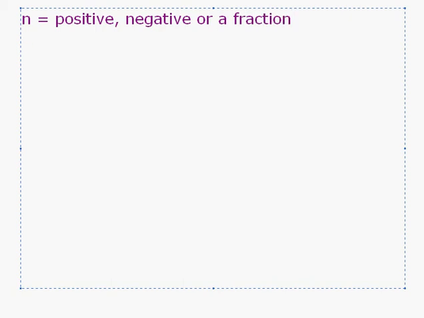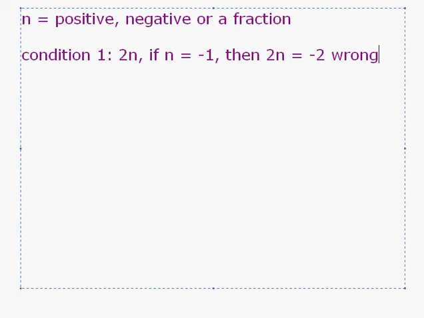So for condition 1, 2n: if n is equal to minus 1, then 2n will be equal to minus 2. So 2n is less than n, right? So this is wrong.